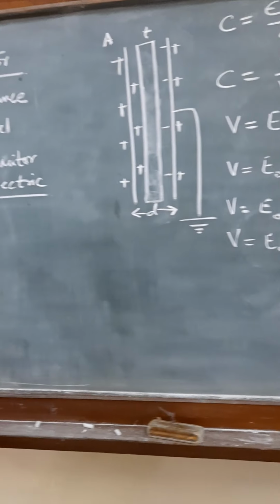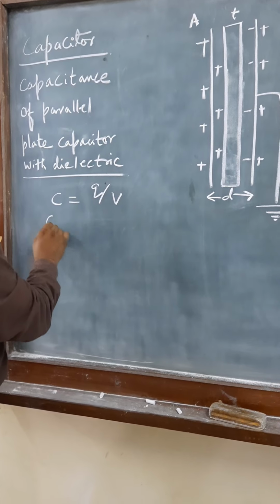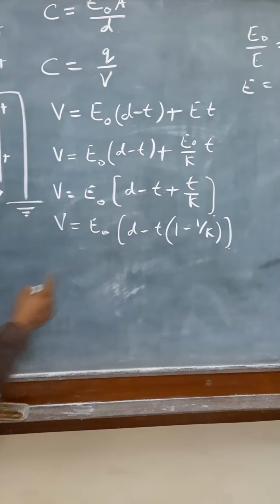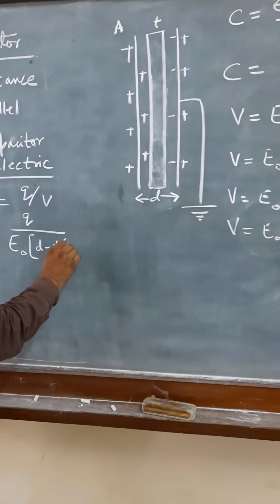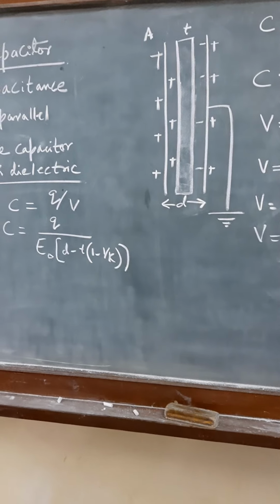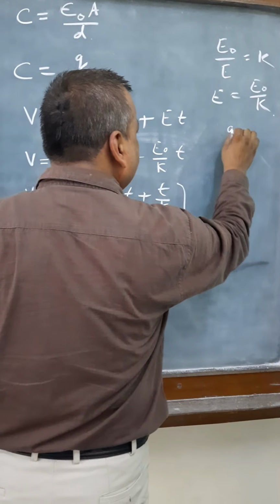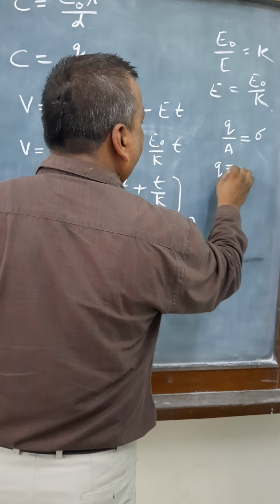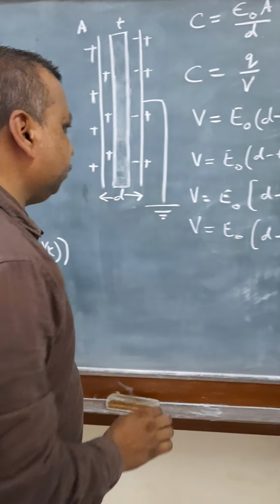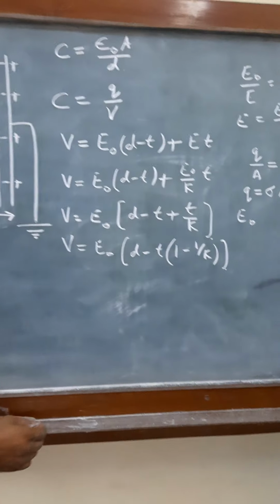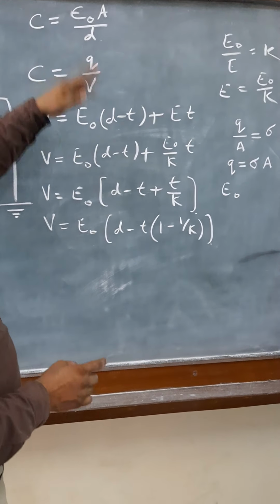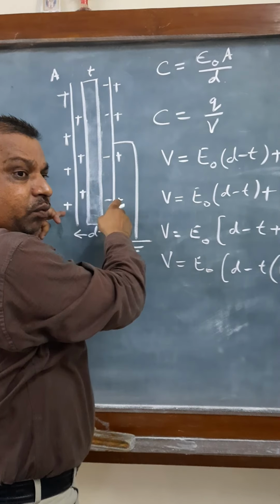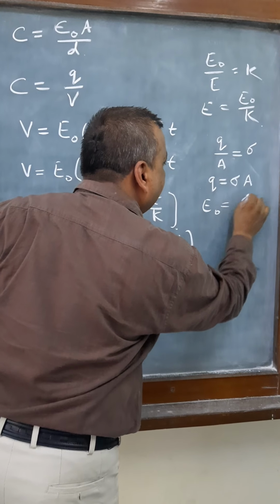Now we come to the capacitance, as C is equal to Q upon V. We can substitute V by E naught into d minus t into 1 minus 1 upon K. Now we also know that charge per unit area is the surface charge density sigma, so Q may be written as sigma into A. Also, the electric field intensity between these two plates is equal to sigma upon epsilon naught.